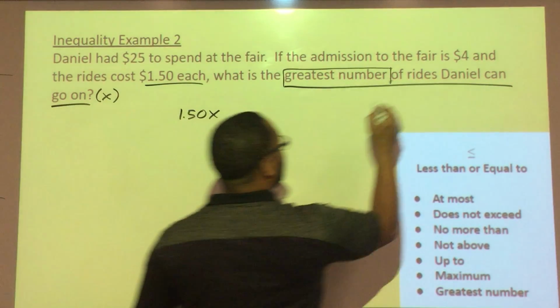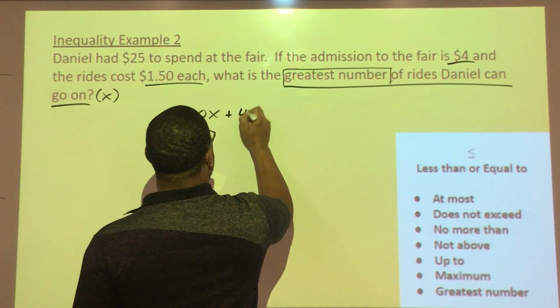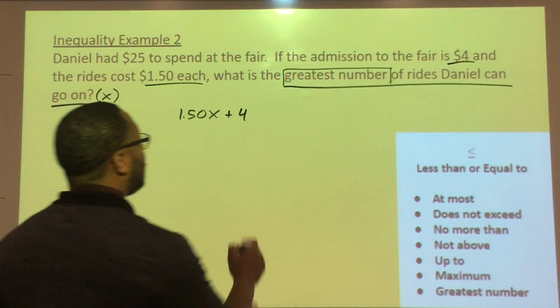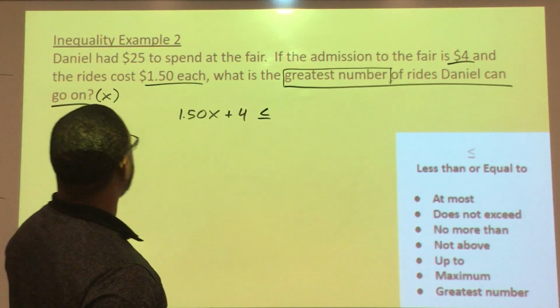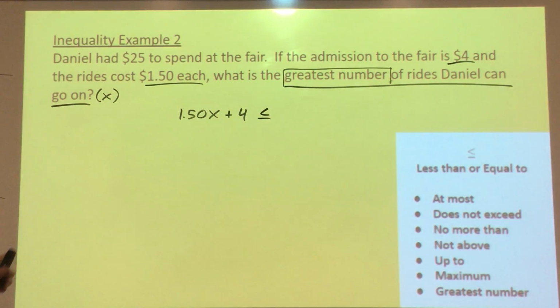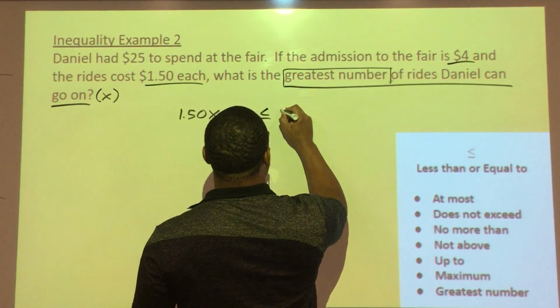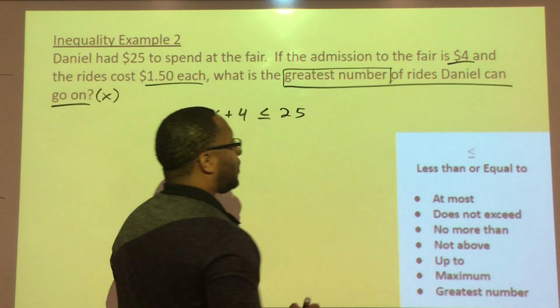Well, he has to pay $4 just to get in. And then it says that the greatest number that Daniel can spend, he says he has $25, so that's the greatest amount that he has to spend. He can't spend any more than $25.